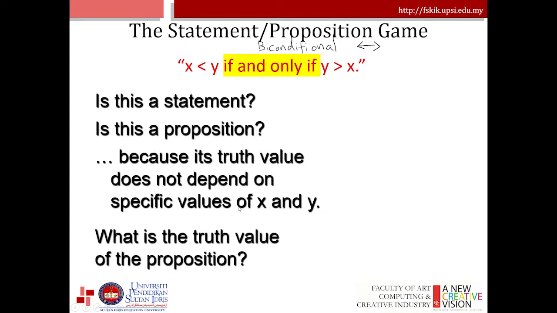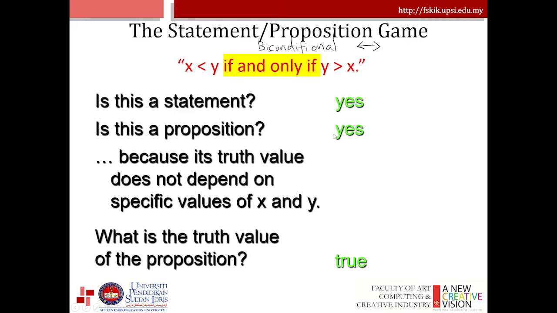This one we can have a biconditional. Is this statement: x less than y if and only if y is greater than x. You can see the biconditional. You can have both arrows, left and right. Is this a proposition? Yes, because the truth value does not depend on the specific values of x and y.